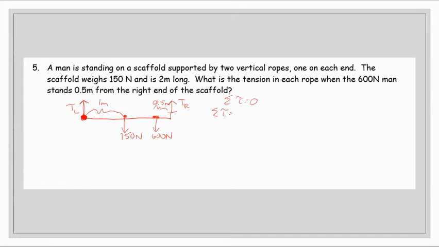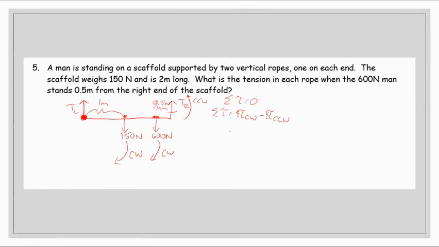So now when I look at this, what are my torques? This one is going to be clockwise, this one's going to be clockwise, and this tension is going to pull it counterclockwise. So I have my torque clockwise minus my torque counterclockwise, and that's the sum of my torque.